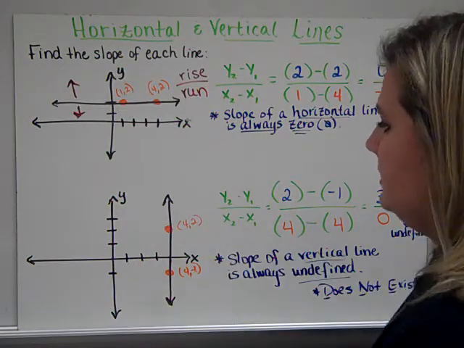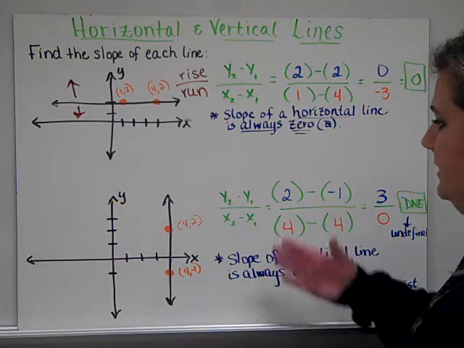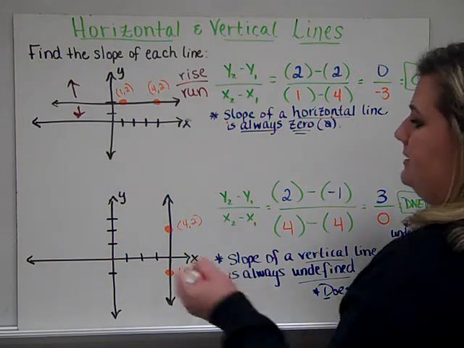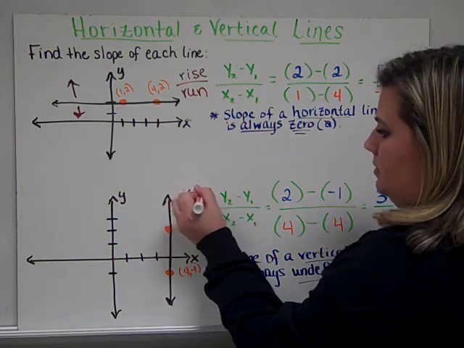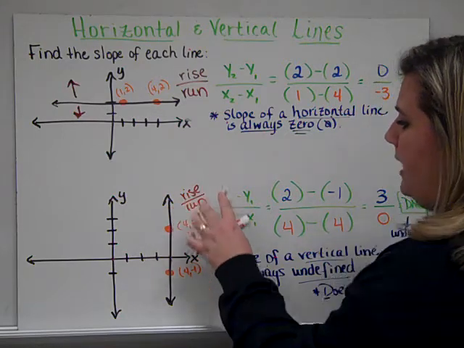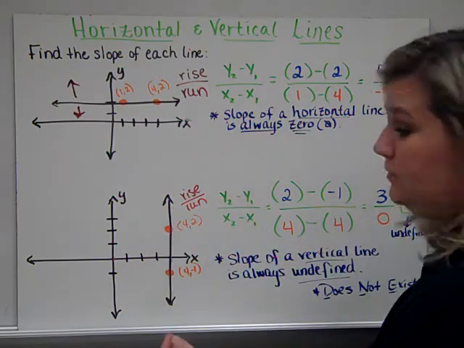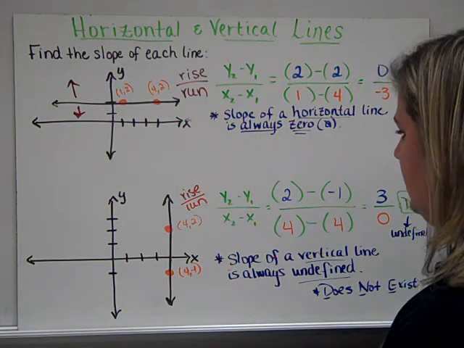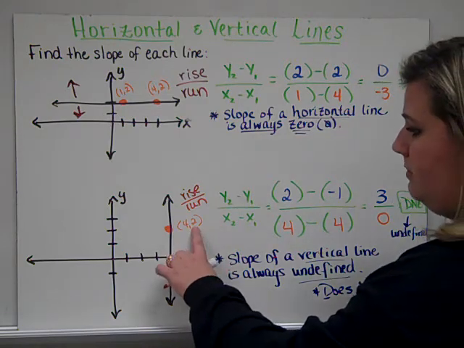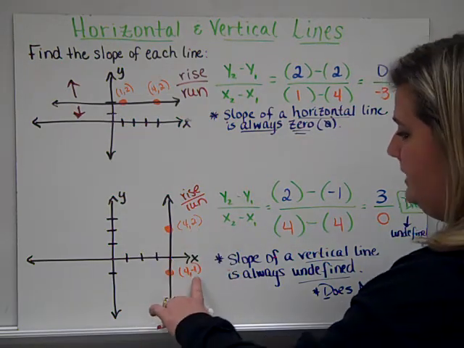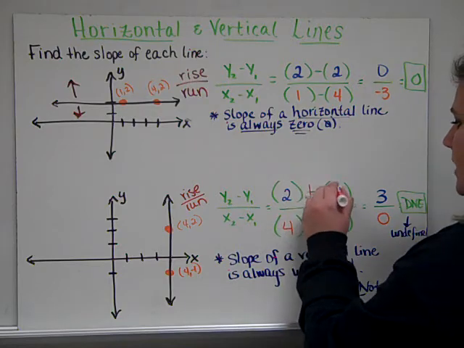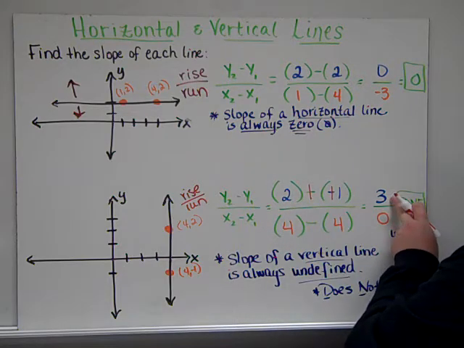All right, let's look at this vertical line. Same thing. Remember the rise to the run. Rise is always our y coordinates, our vertical change. So when I plug in my y's, which are 2 and -1, remember, add the opposite, you get a +3.